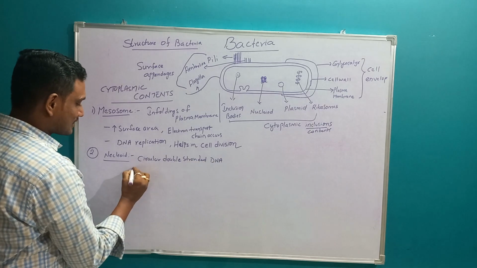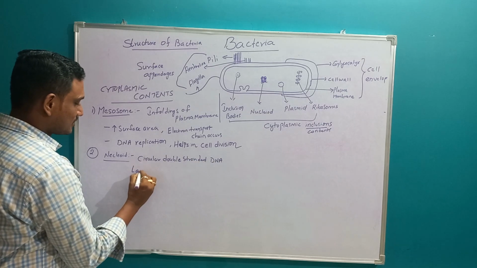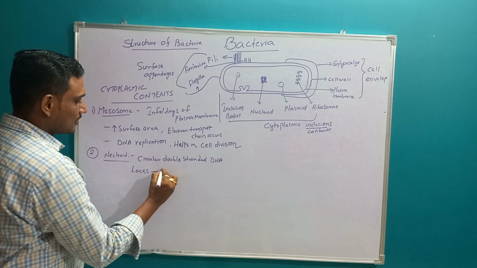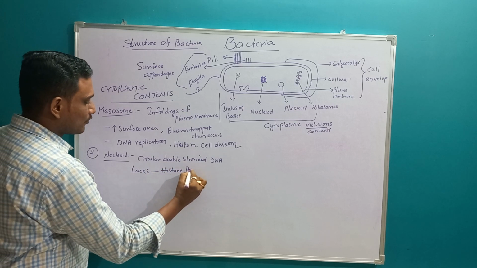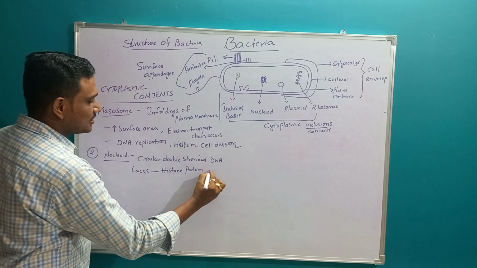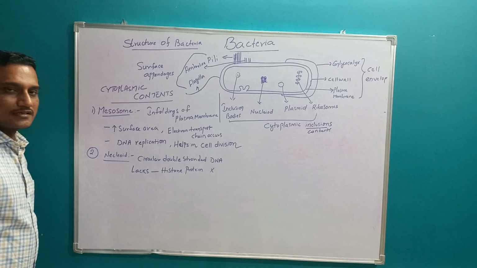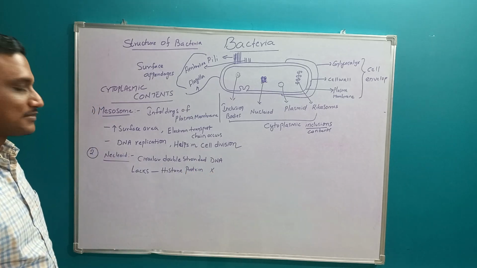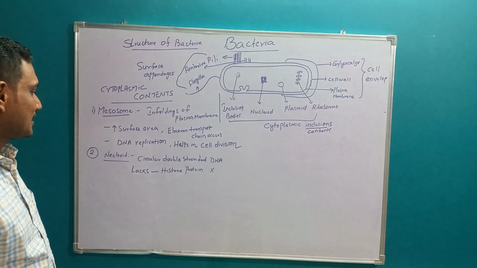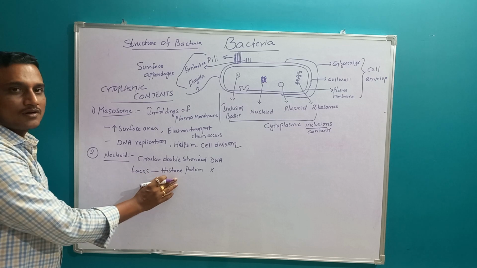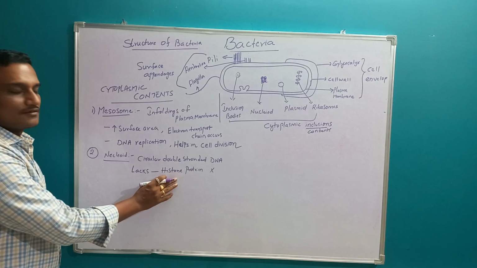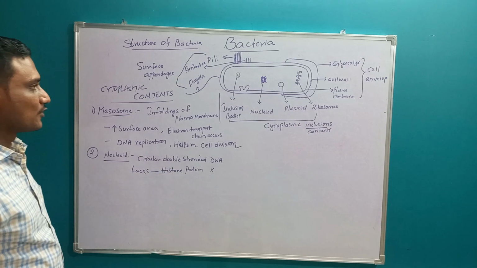The main genome is called the nucleoid, which is circular double stranded DNA that lacks histone proteins. That means histone proteins are absent.